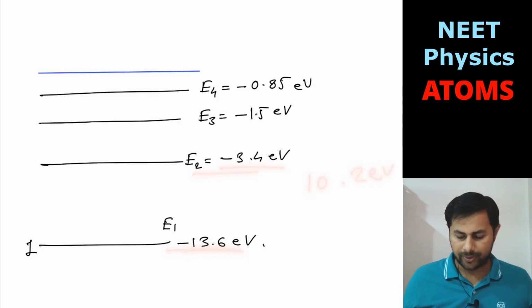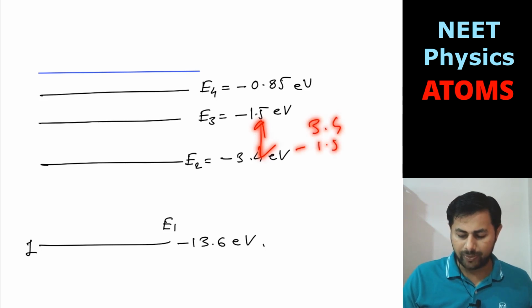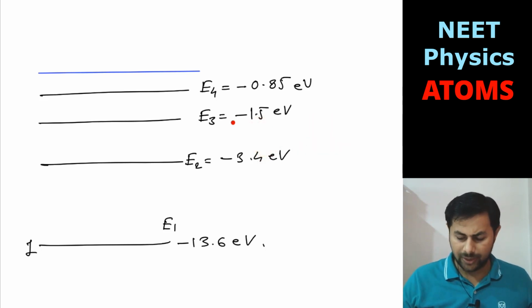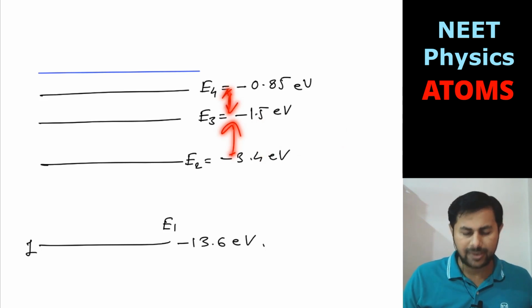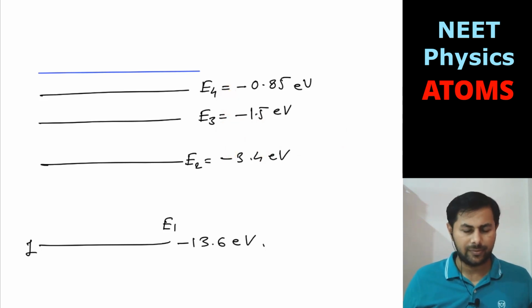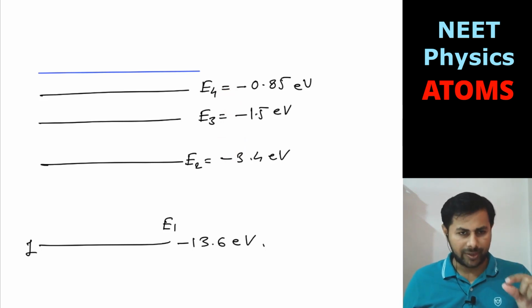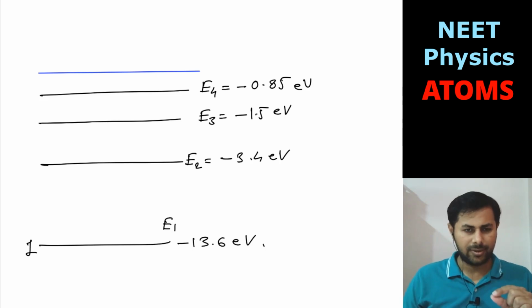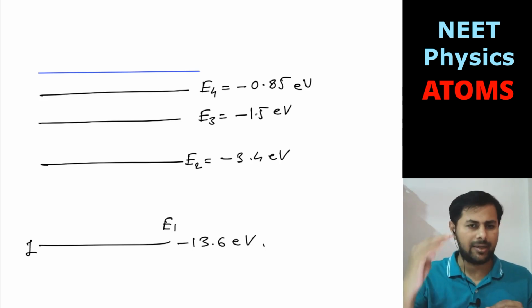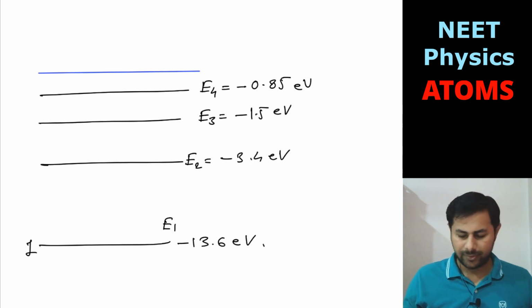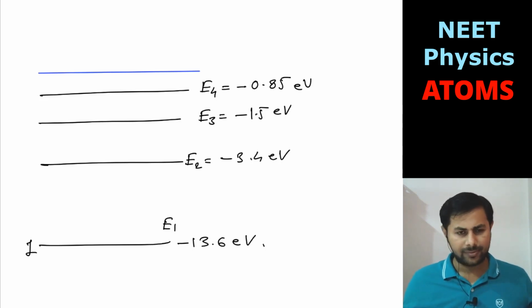But when you go from second to third, the energy difference is 3.4 minus 1.5, which is 1.9. As you go further, the energy difference decreases. So the energy difference between the nearest levels goes on decreasing as you go to higher and higher states. Is this clear? Everyone?